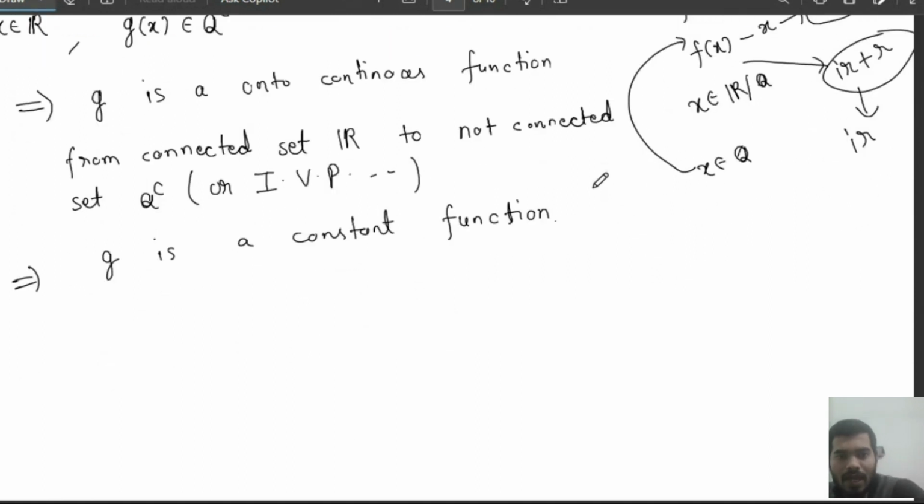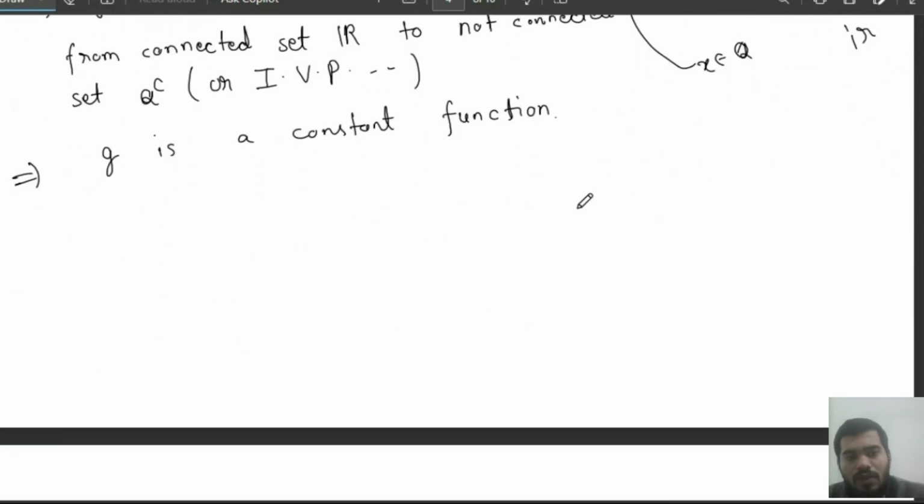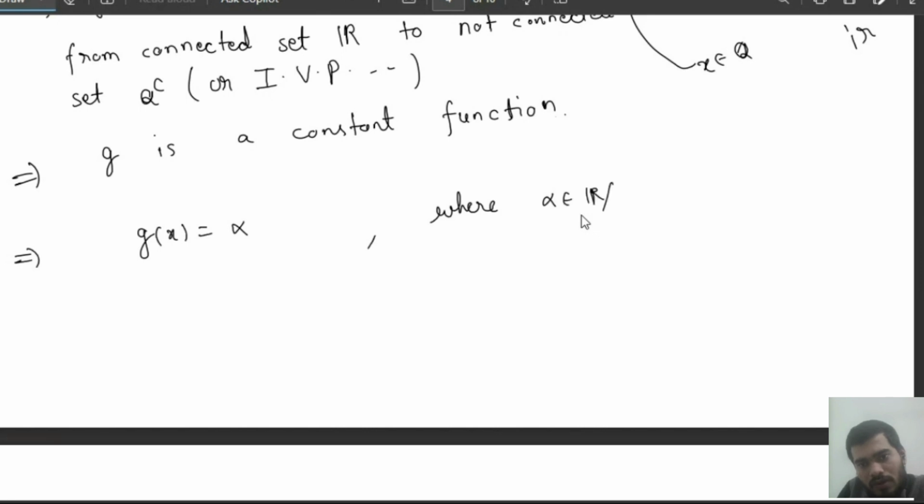So you can apply IVP or this argument to show that g is a constant function. Now since g is a constant function, g(x) equals, say, alpha, where alpha belongs to R. It implies that f(x) is nothing but x plus alpha, right?